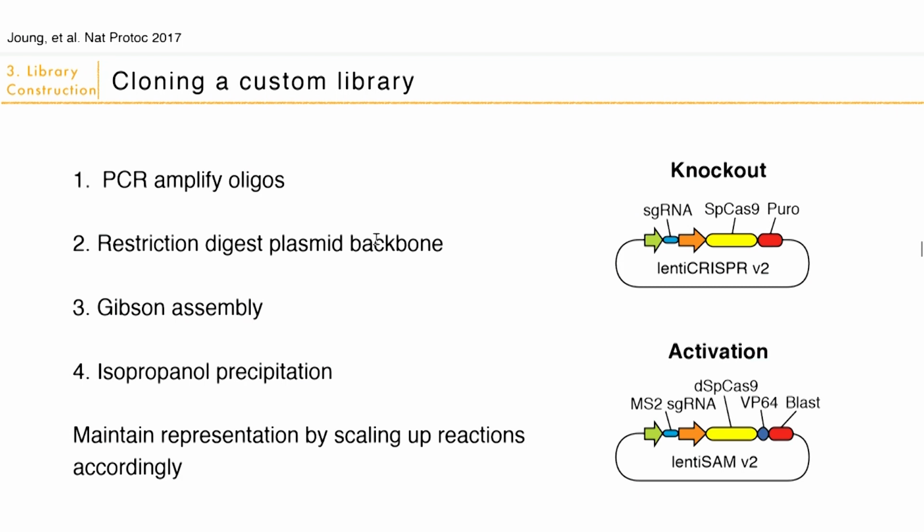Then before you put this into E. coli, there's an isopropanol precipitation step to purify the DNA. And throughout this cloning step, the difference between cloning a library versus a single plasmid is that we maintain representation of the screen by scaling up the reactions accordingly. And we have a table for how to scale this up in the paper.